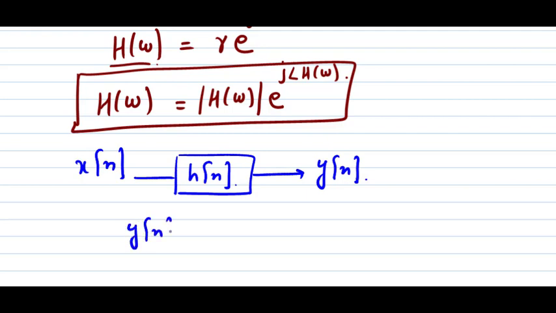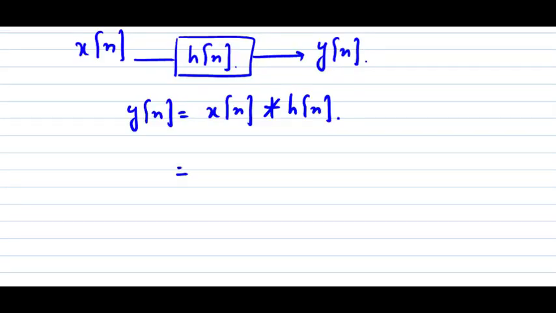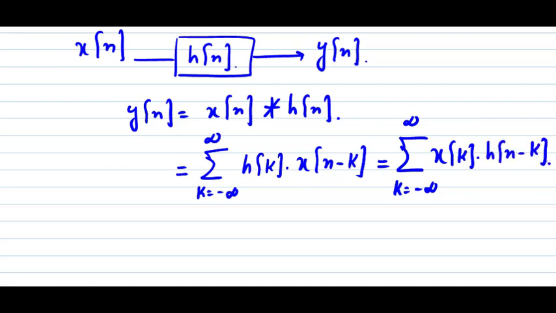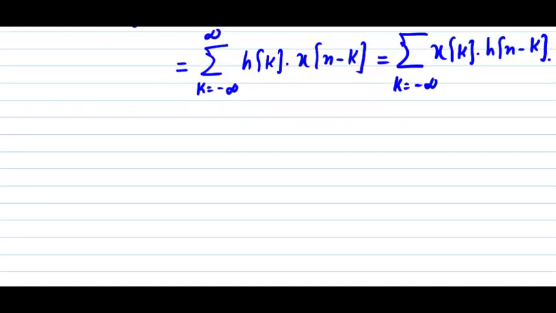Mathematically, this output y of n is equal to the input convolved with the impulse response of the system, which comes out to be the summation from k equals minus infinity to infinity of h of k into x of n minus k. We can also write this as the summation of x of k into h of n minus k. Both are the same.